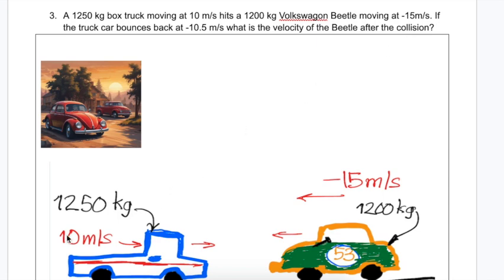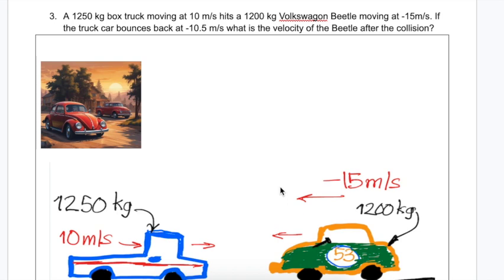So one of them is moving in this direction, the other one moving in this direction. Both are moving in opposite directions, so we have a positive value for the velocity of the truck moving from left to right of our screen, and a negative value for the velocity of the Volkswagen Beetle moving from right to left of our screen.